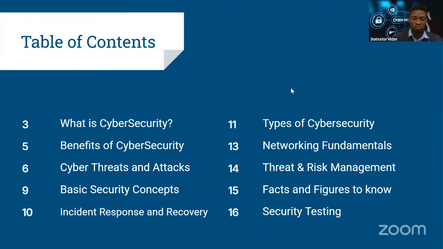Then by tomorrow, we'll be looking at types of cybersecurity, networking, threat and risk management, as well as security testing. All right. So let's make progress.